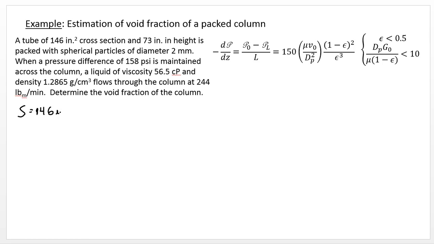146 square inches, which, if we convert it to square centimeters, is 941.93 square centimeters, sorry. Let's fix that.